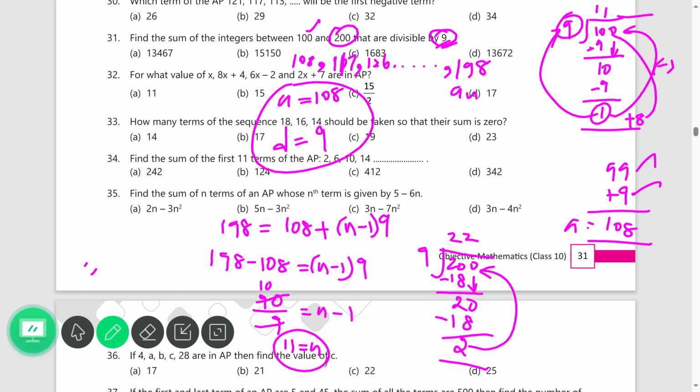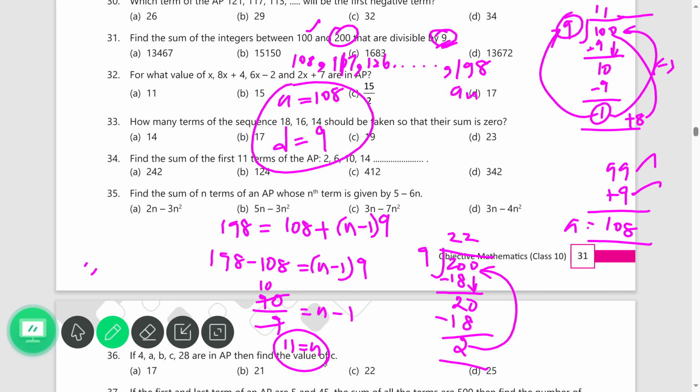Finding A and L is very important, ma. Again, I am telling, if you find A and L, other things are very easy. A1, A2, A3, A4. A2 minus A1 equals A3 minus A2 equals A4 minus A3.